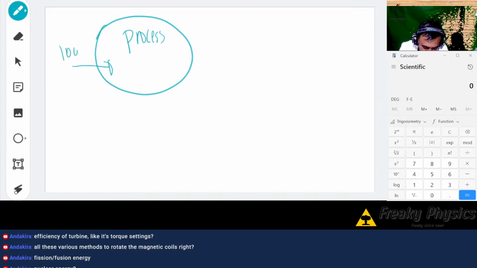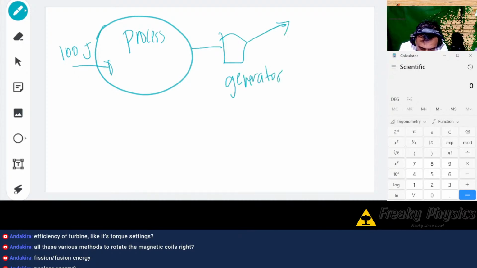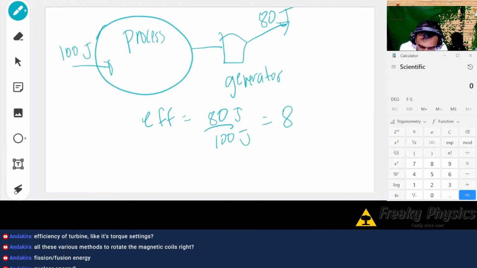In comes 100 joules, and then the process connects it to the generator, and then the generator gives you 80 joules. Then efficiency is equal to 80 out of 100, and that's 80%.